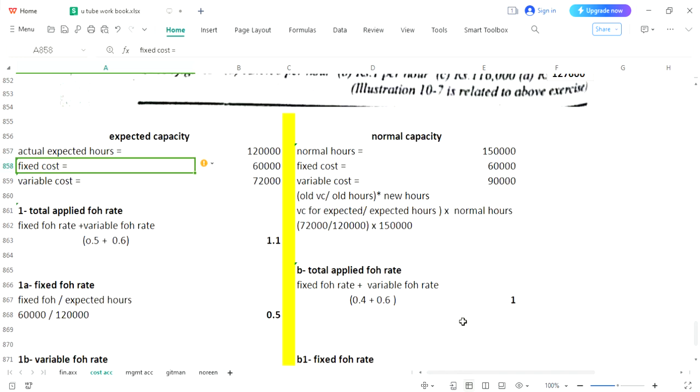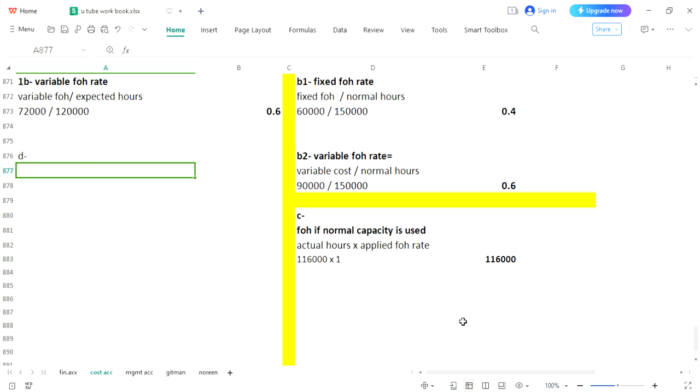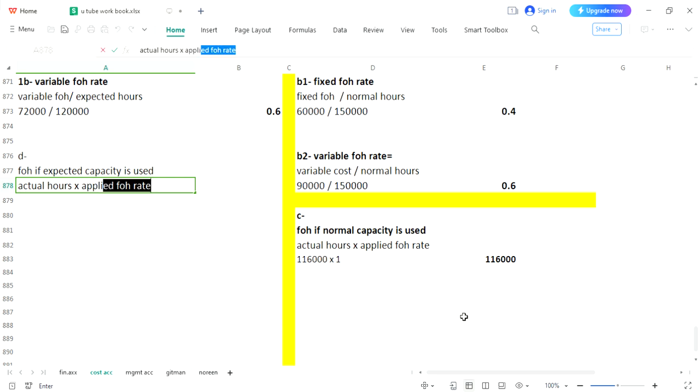So here you calculate applied FOH if expected capacity is used: actual hours, multiplied by the applied FOH rate.